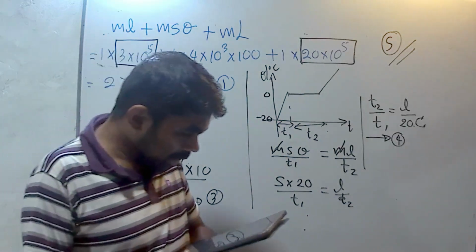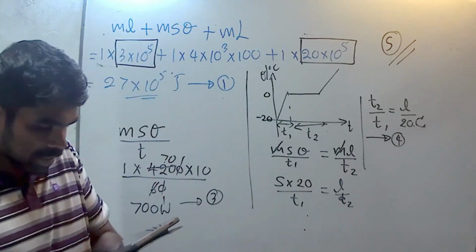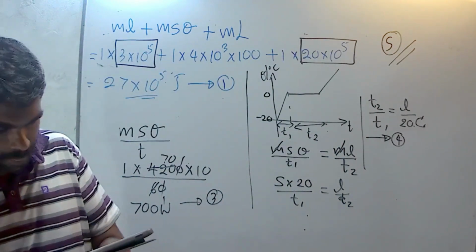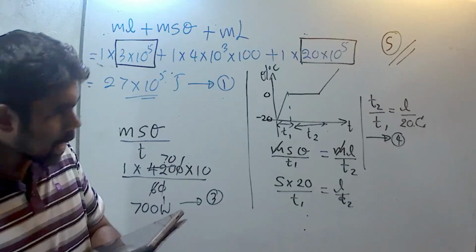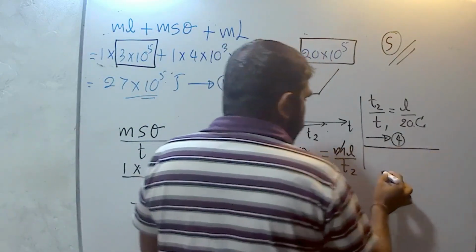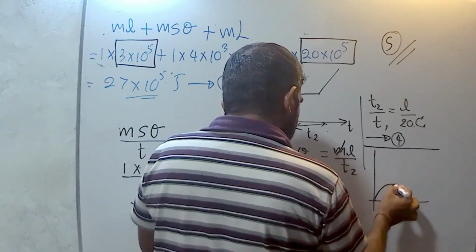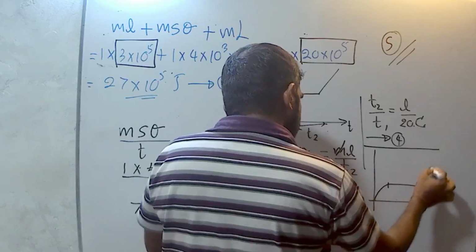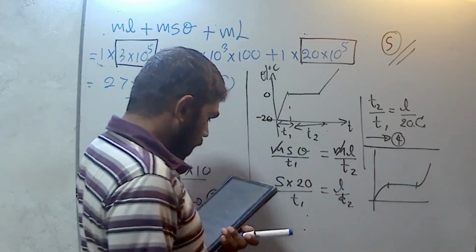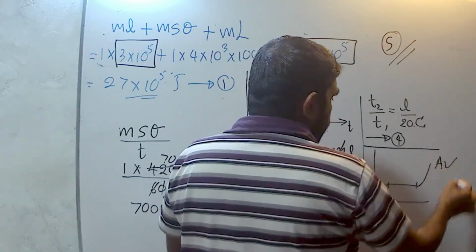First statement, matter shows the change of state with temperature. Yes, it is correct. We can observe that there is a constant temperature time period like this part. It is a phase change. Then statement A is correct.